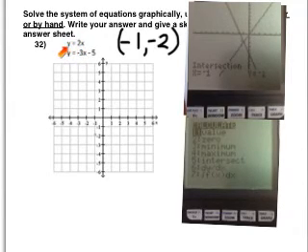Notice if you stick in a 0 for y, the x is going to be 0. If you stick in a 0 for x, y is going to be 0. So 0, 0 is the intersect of both x and y. So we know we've got that point, and we've got one right there, thereabouts.